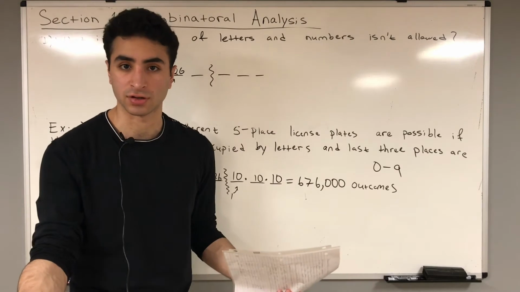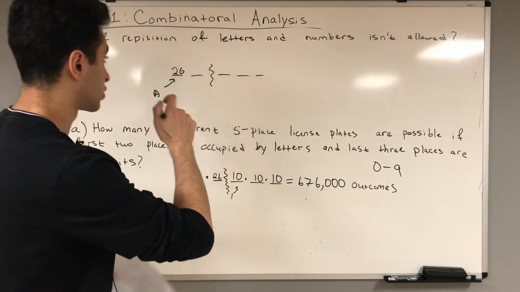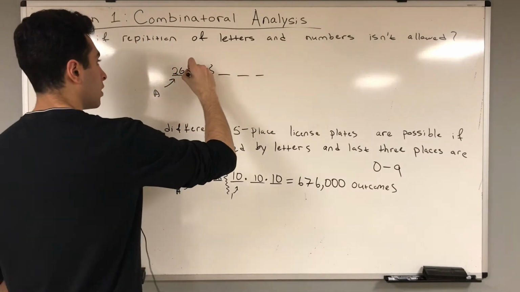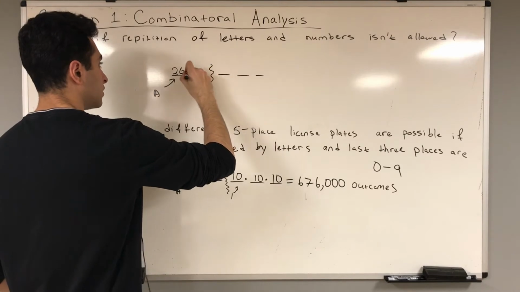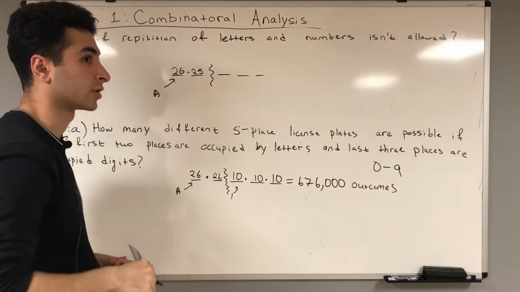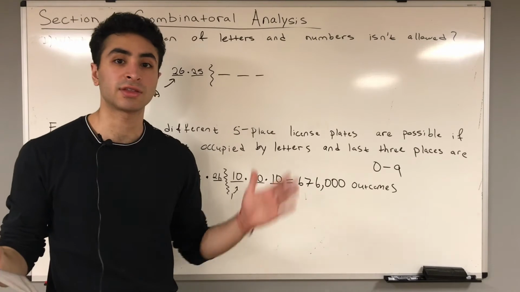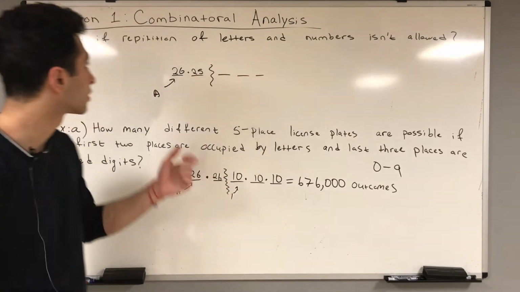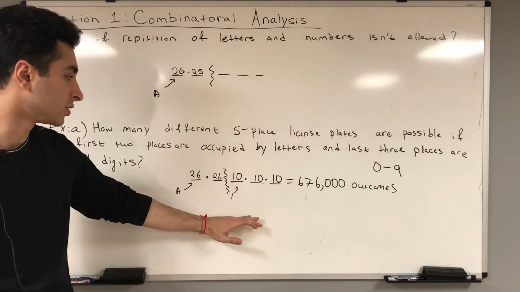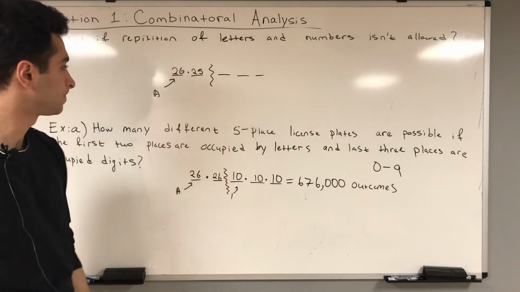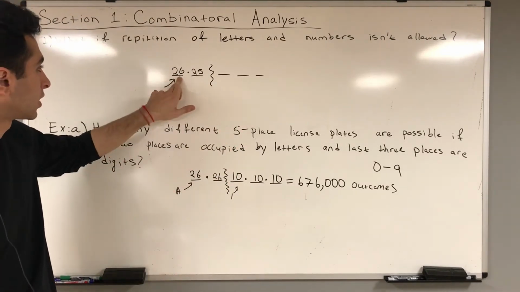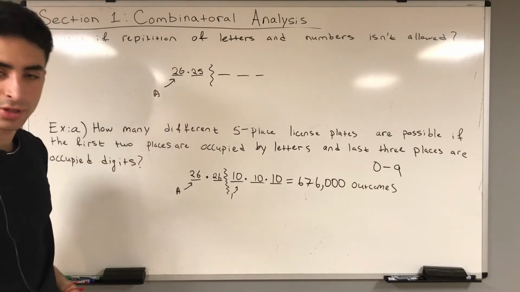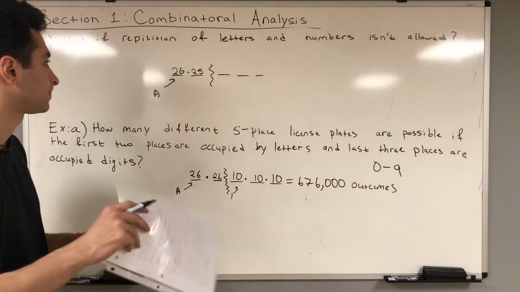So experiment 2 has 25 outcomes that you can pick. You can pick anything from B to Z, you just cannot pick A. Here you could, here you can't. So experiment 1 has 26, experiment 2 has 25 outcomes.